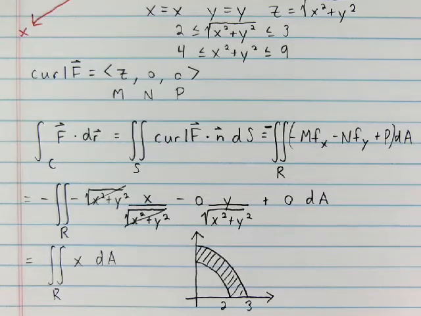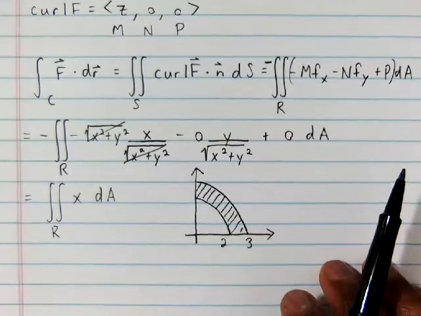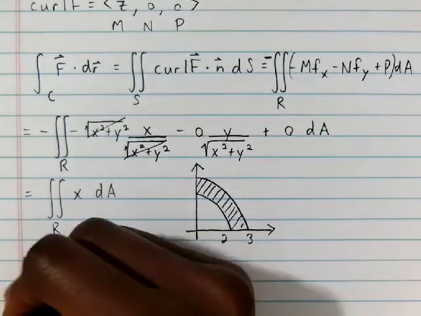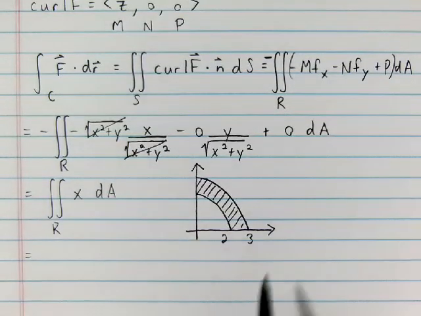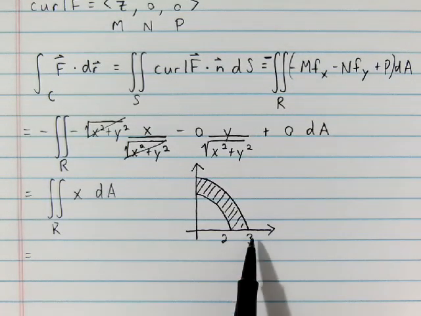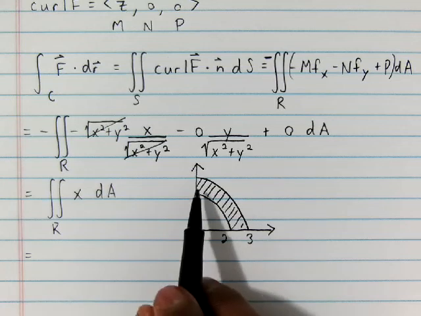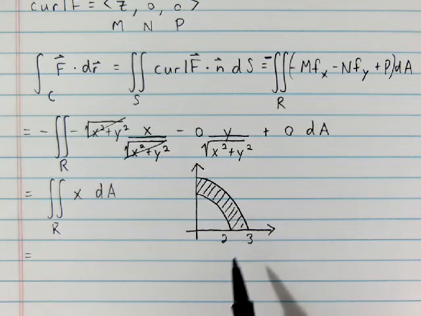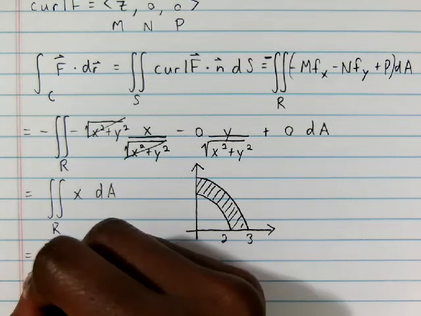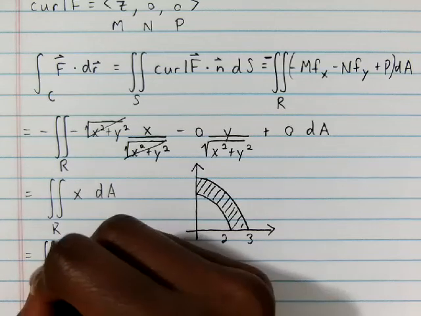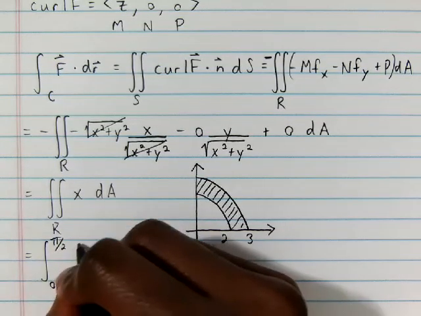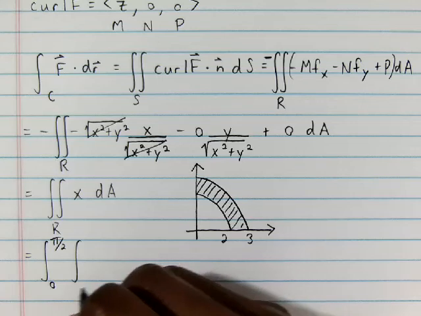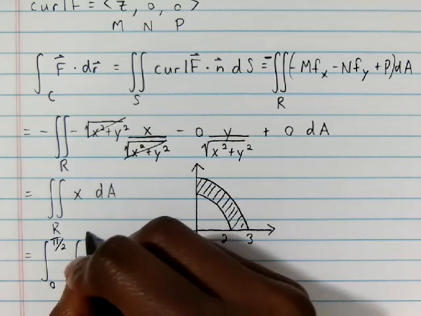So the natural thing would be to change this double integral and do it in polar instead of rectangular as we have it. So here our theta goes from 0 to pi over 2, and our radius goes from 2 to 3.